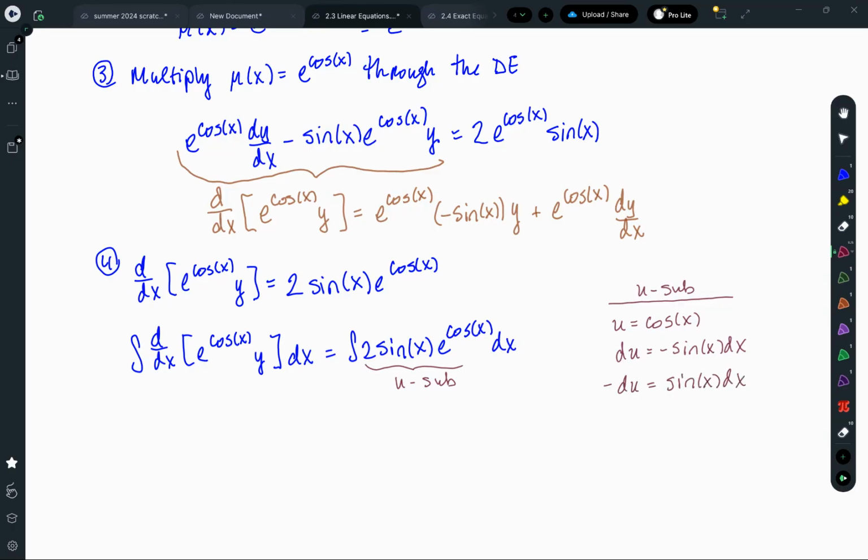The 2 can still be there. That's fine. So when I replace stuff in my integral, I'm dealing with the integral of negative 2 e to the u du. So when I integrate that, I just get a negative 2e to the u, and then I need to go back to my x functions. So this is going to equal negative 2e to the cosine of x.